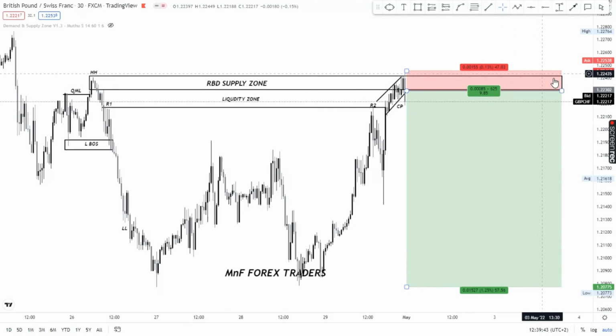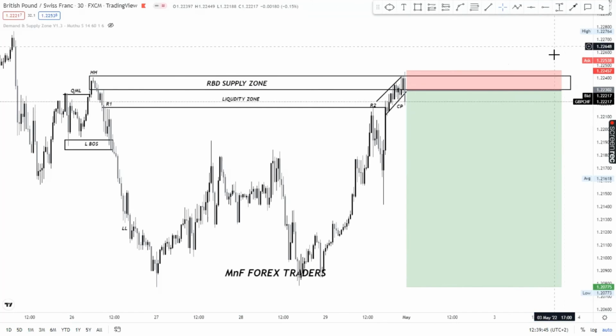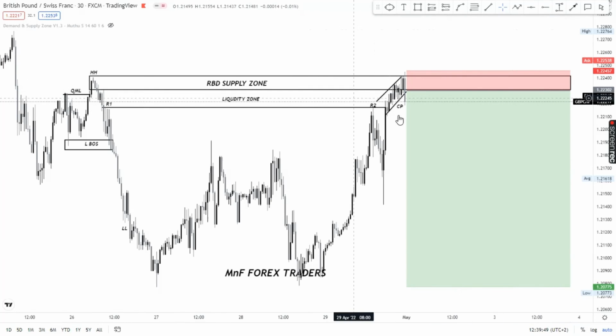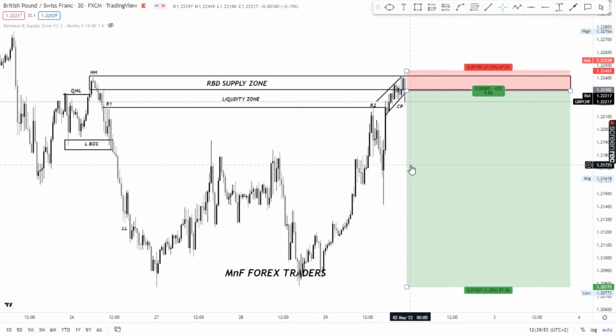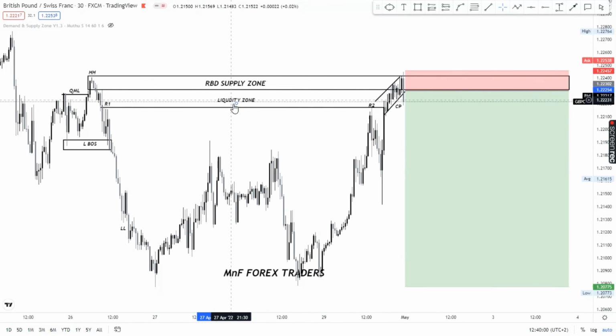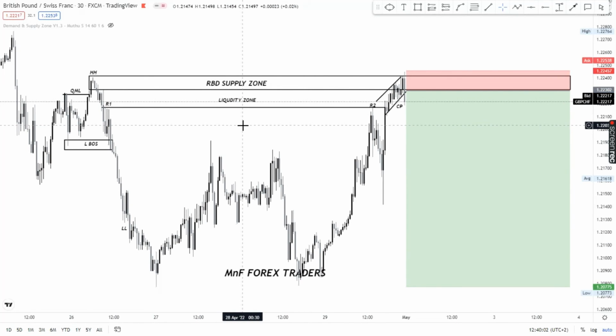So if the market tries to retrace back, then that will be our opportunity to join and sell. This is a 1 to 10 risk to reward ratio: stop loss about 15 pips, and our target is about 152 pips. A really nice trade. Honestly, you just need a few of these per week. If you can have 2 or 3 of these kinds of setups per week, then you'll be alright.